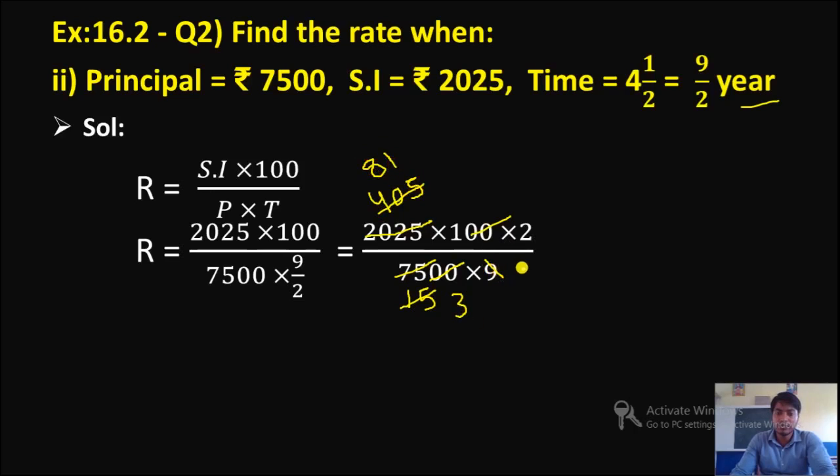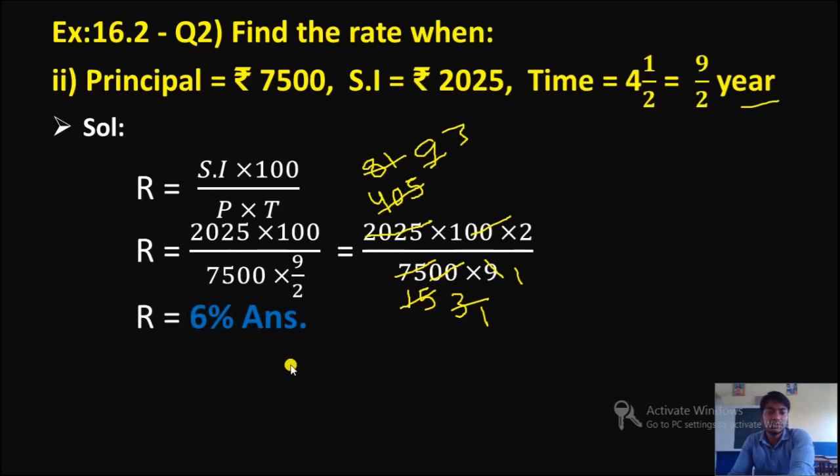Now 9 1s are 9 and 9 9s are 81. Now 3 1s are 3, 3 3s are 9. So what we have here is 3 into 2. So 3 into 2, 6%. 6% is the rate of this question, understood? So this is how you can solve when you have principal, interest and time, understood?